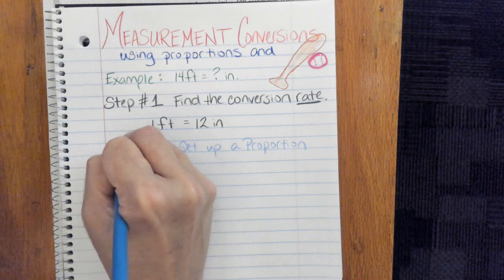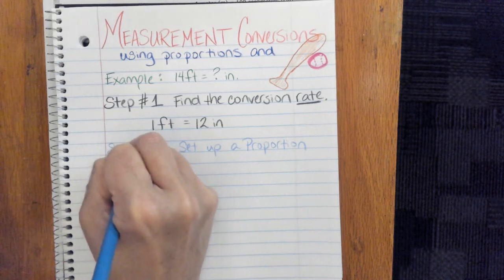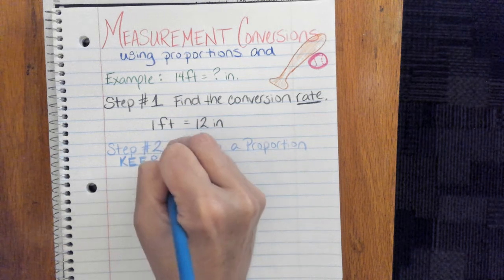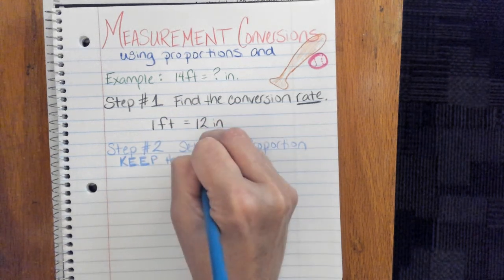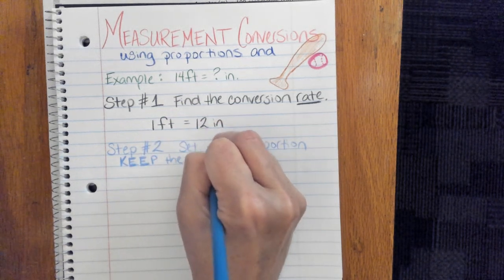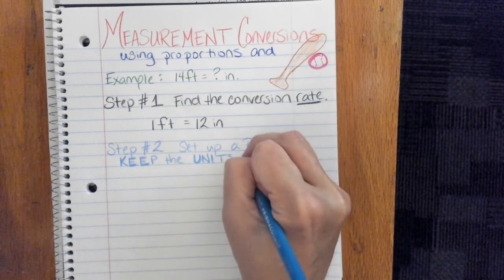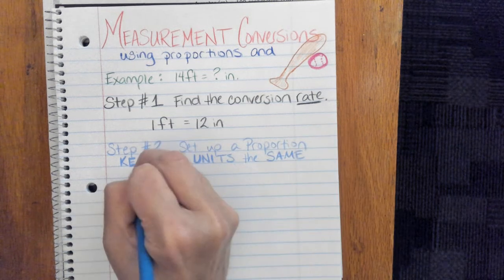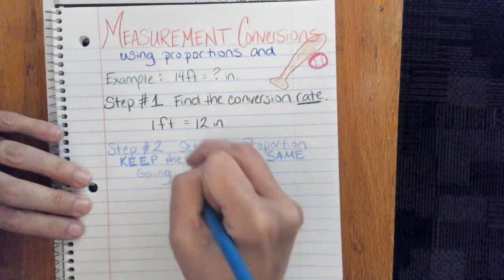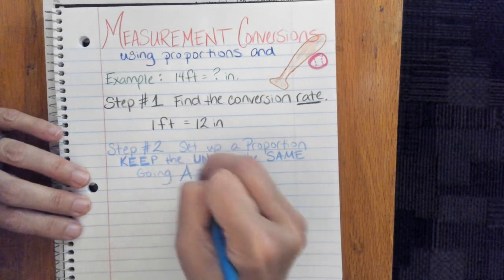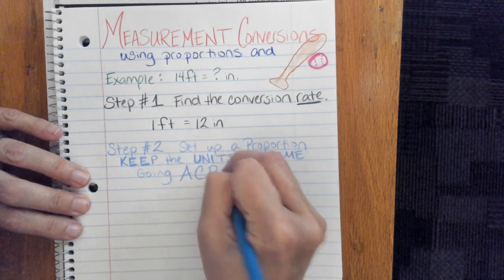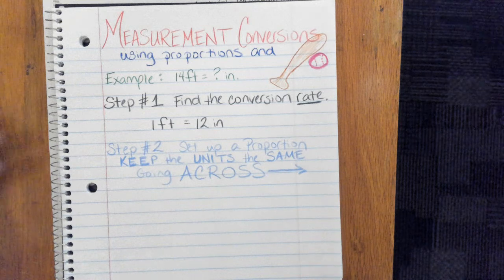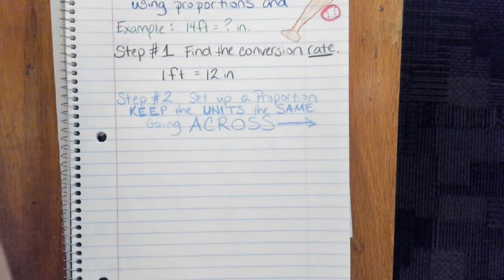And here you need to keep the units the same going across. I think that's important. So keep the units the same going across. Let's talk about what I mean by that.